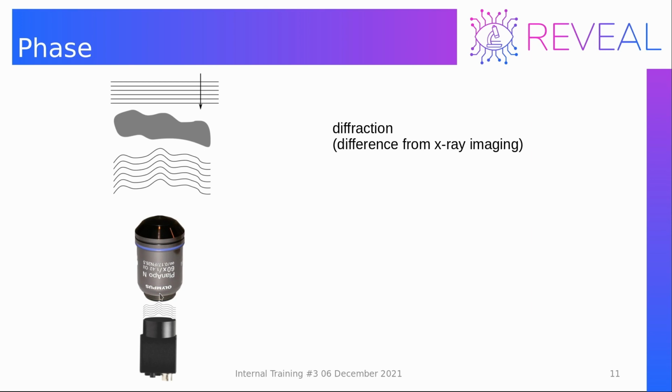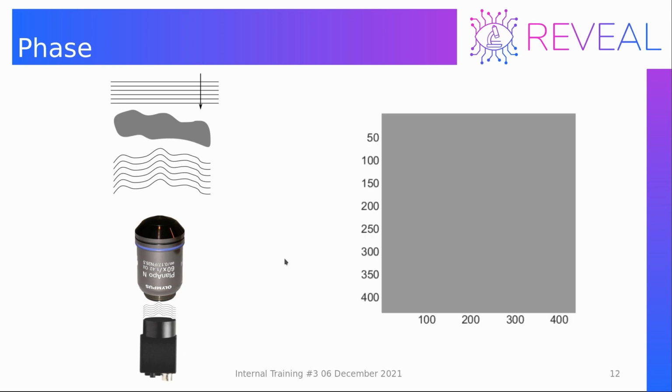So this distortion carries information about the structure of this sample. If we put a microscope objective here to gather this light and put it onto the detector, then you will notice at the camera that you see almost nothing.